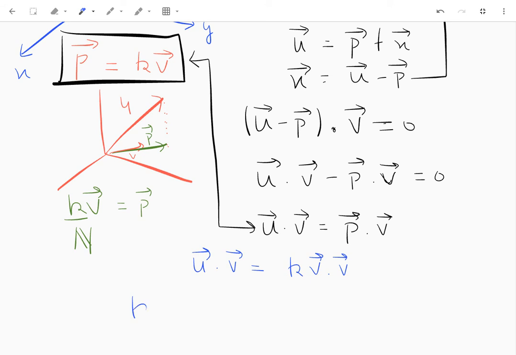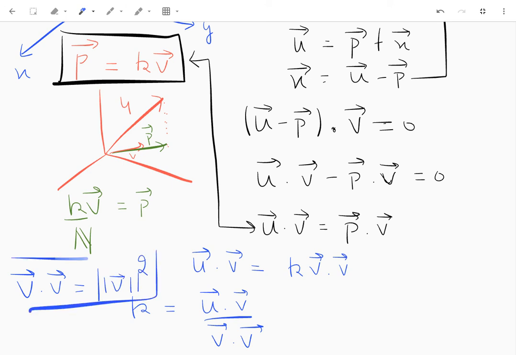And from here, I can conclude that k is equal to u dot v over v dot v. And we know that v dot v is nothing but the square of the norm of vector v. You can try this if you don't know, just try finding the dot product of v with v. So this in turn can be written as u dot v over norm of v squared.